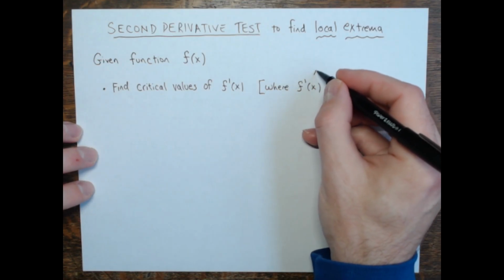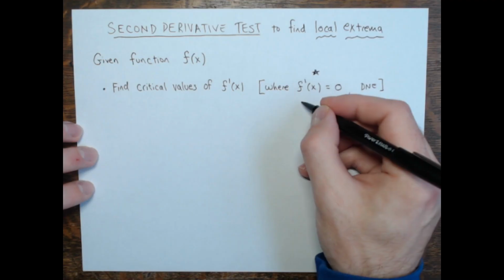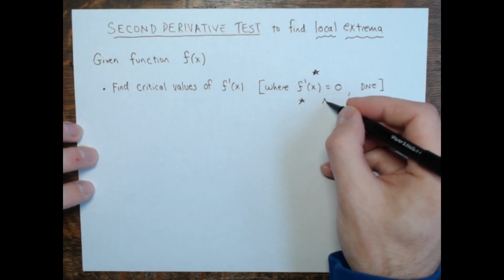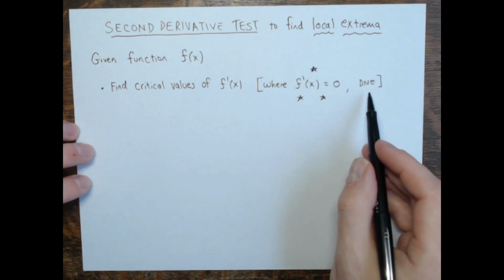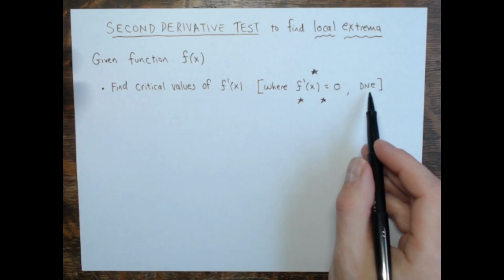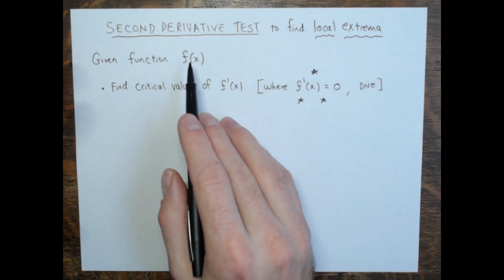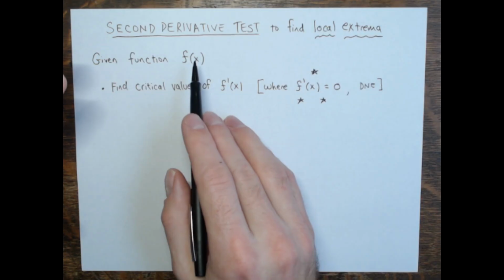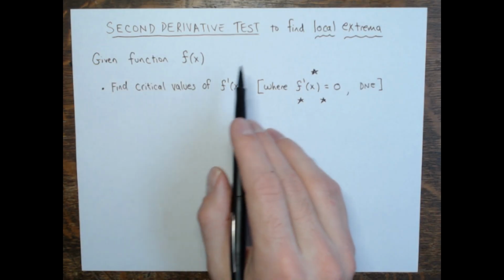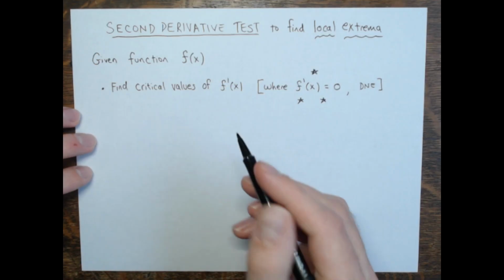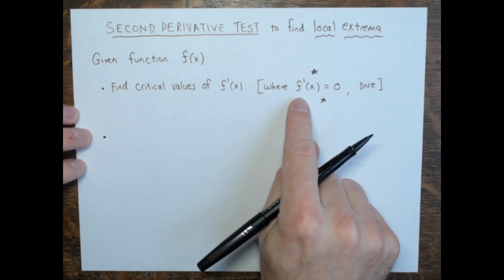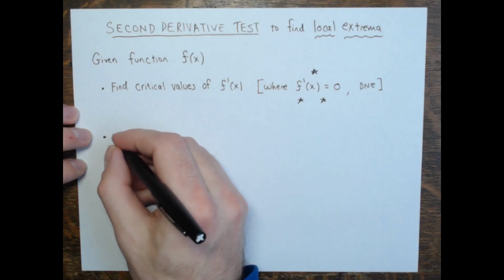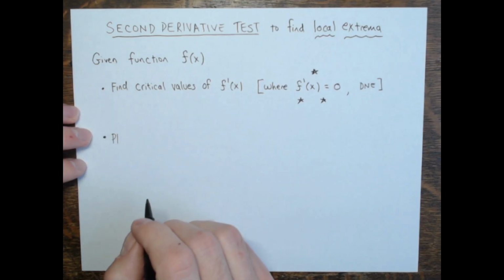Now, the one that's going to probably be showing up most often is where the derivative is 0, and so I'll put some stars around that. That's the one we're going to probably work with most. But still, remember, wherever it's undefined, as long as that value is in the domain of the original function, you could possibly have a local extreme there. All right, so then we take these values and we're going to plug them into the second derivative.